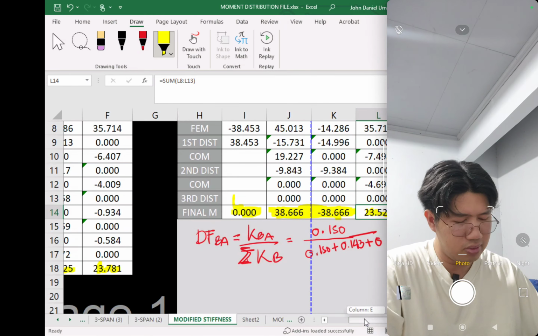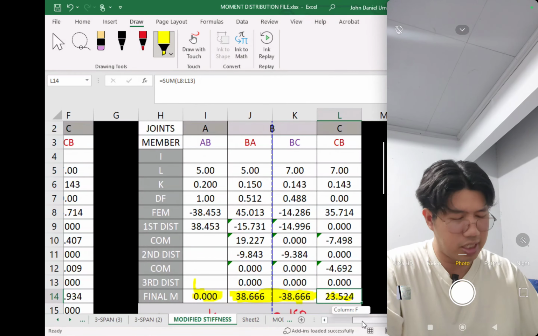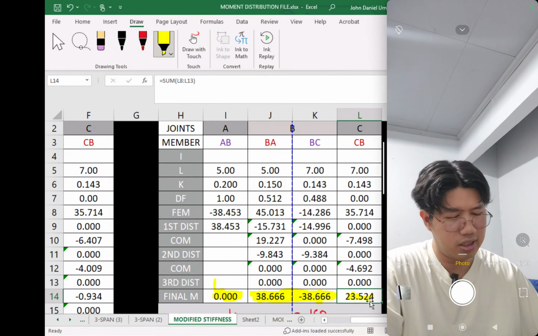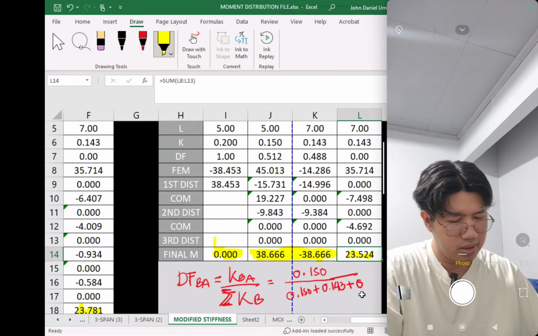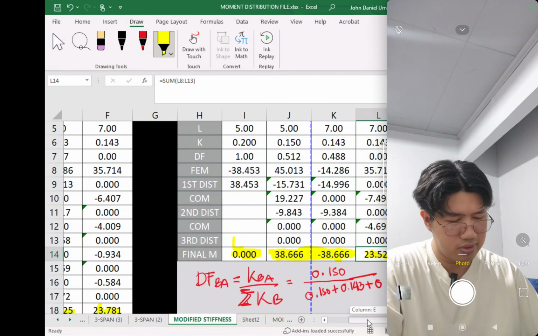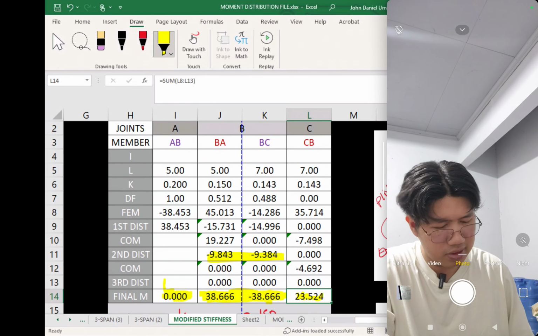Okay, so yun yung modified stiffness. So kapag ginawa mo yun, you can now proceed doon sa section analysis and then solve for the internal shear forces and then draw the shear and moment diagram. As you can see, mas mabilis siyang isolve. Kasi pagdating dito, mapapansin natin halos balance na sila eh.